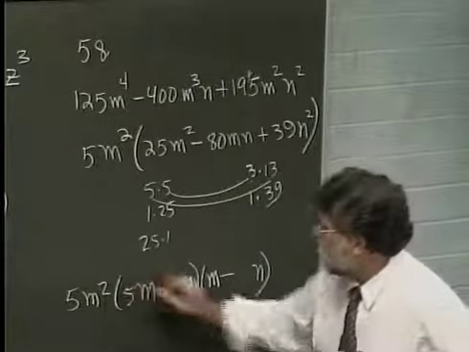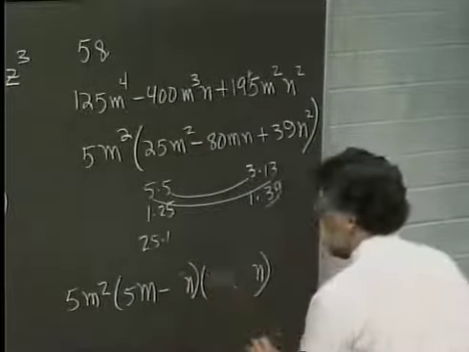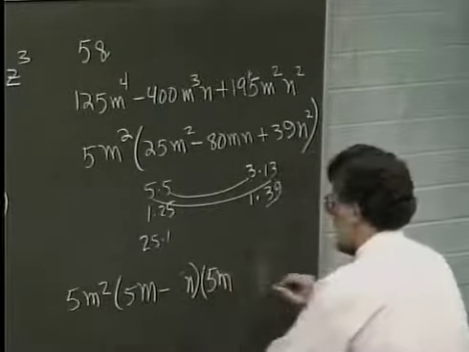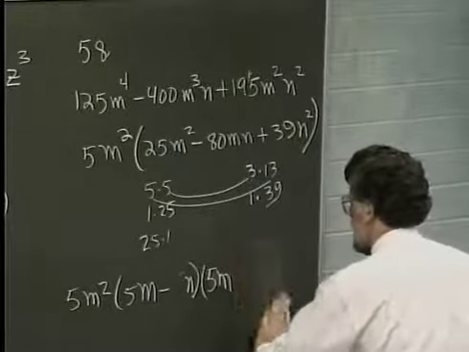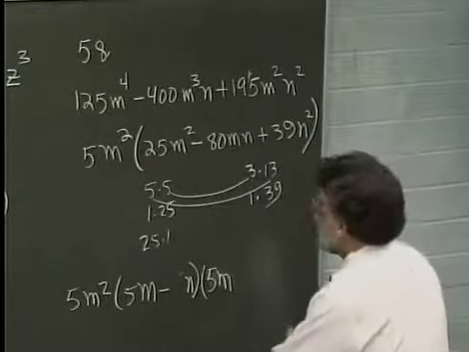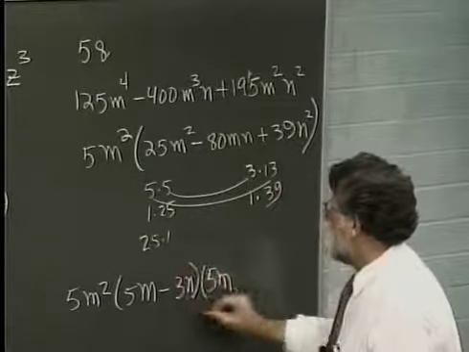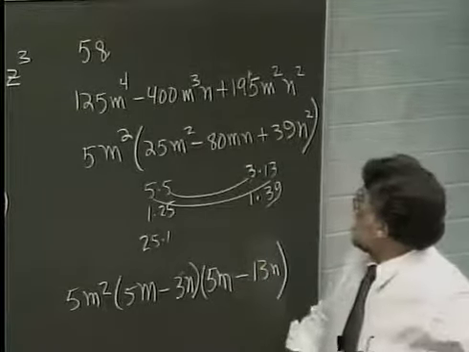So I want 5, 5. So more space. 5m, and then, oh, a mess. Try to get that a little bit better. Now, what about here? A 3 and a 13, does it matter? No, not in this case. So does it work?